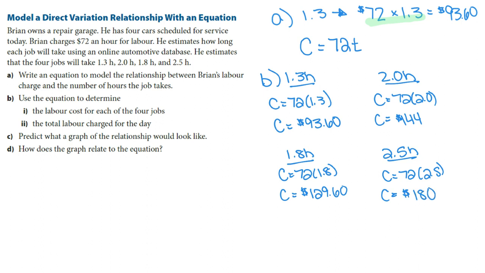So the total amount earned, all we need to do is add those up. We'd add the 4 charges and the total amount would be $547.20.